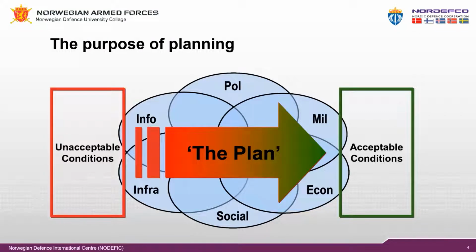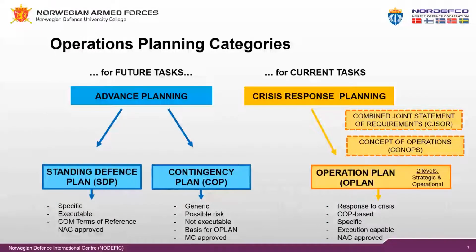To prepare for its role and mission, the alliance has two main operations planning categories: advanced planning and crisis response planning. Advanced planning is designed to prepare the alliance to deal with identified possible security risks.